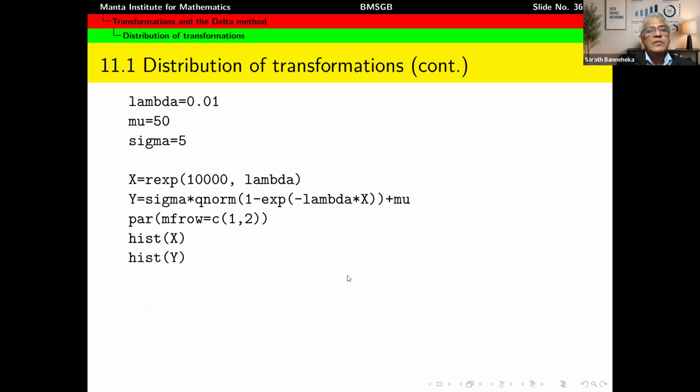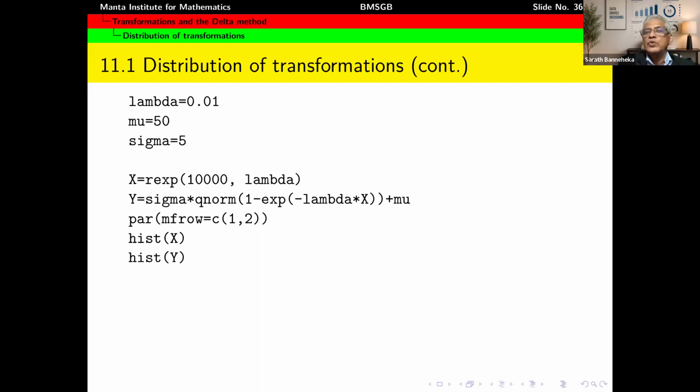So let's write down an R program and generate some data according to this transformation and see whether the exponential data actually transforms into a normal distribution. I'm going to consider a particular lambda here, lambda equal to 0.1. I will generate some data from an exponential distribution with lambda equal to 0.1 first.